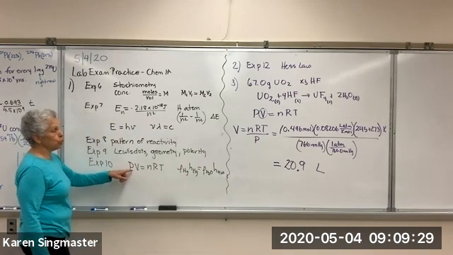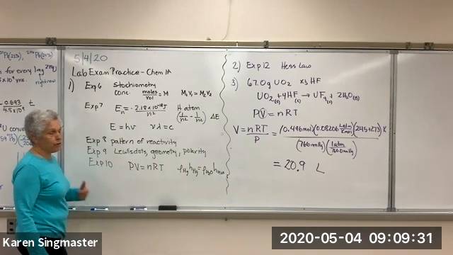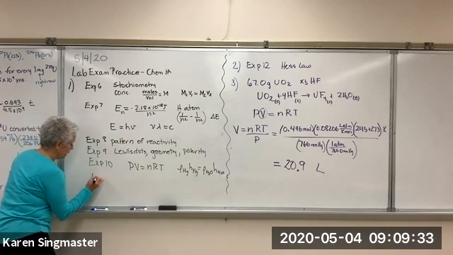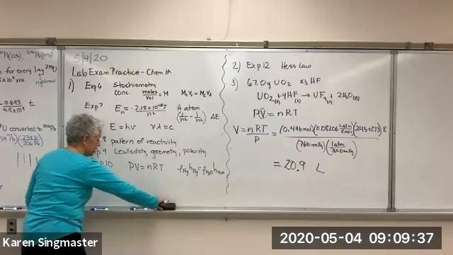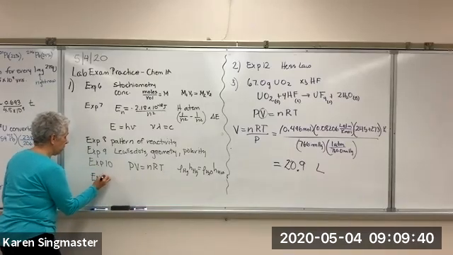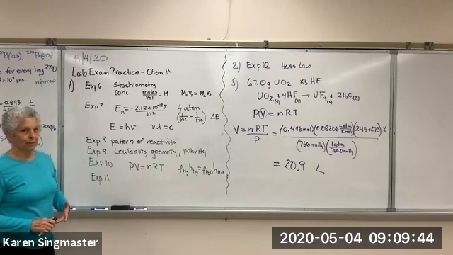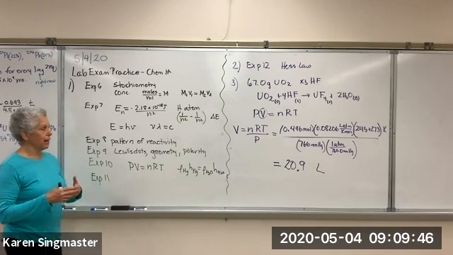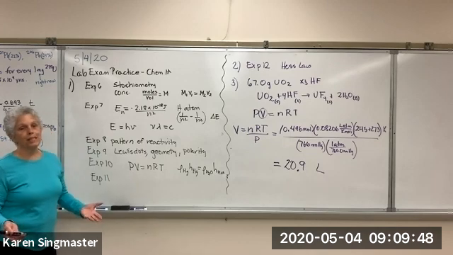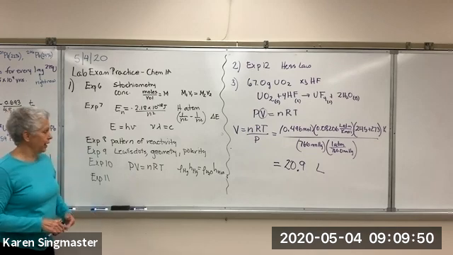You also have to worry about correcting for the vapor pressure of water. And then experiment 11 has quite a few calculations in it, but all of them are dimensional analysis. None of them is a new equation. All you're doing is using the dimensional analysis you have learned, okay?